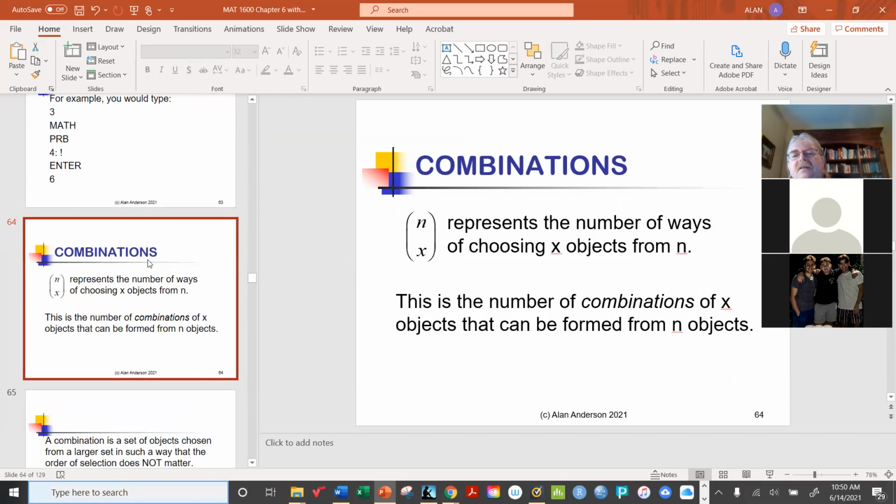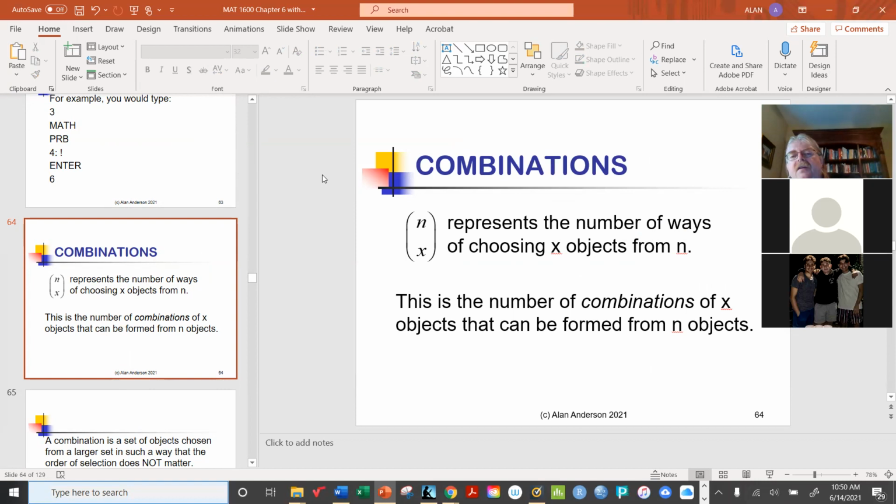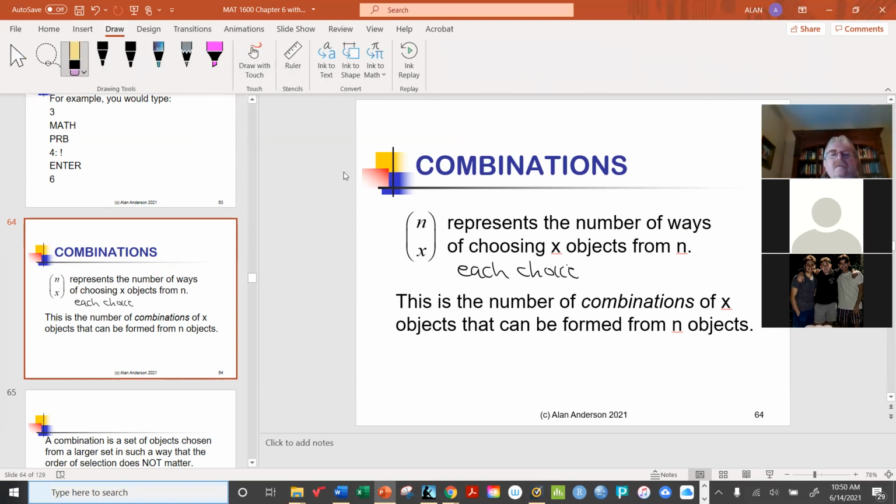This formula represents the number of ways of choosing X objects from a collection of N objects. Now again, that sounds very abstract, but we'll go through this in a second. And then each of these choices, actually, let me just add one more thing here. This is an important detail.